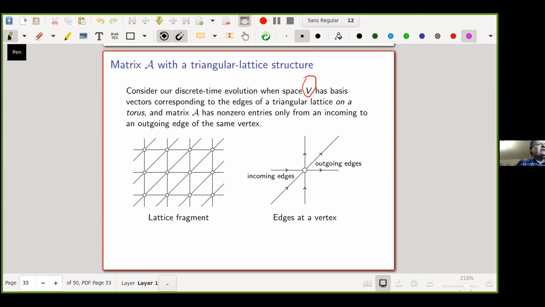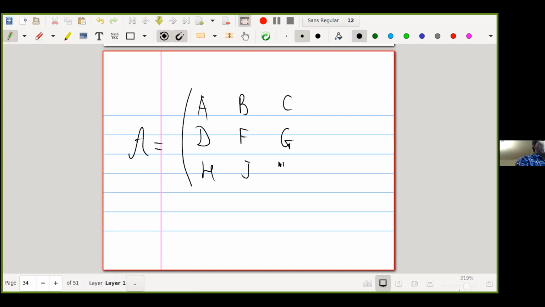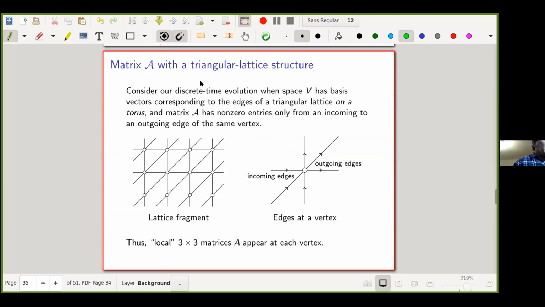Let me remind you that this A beautiful is a block matrix like this, and for instance, take this A plane capital and require that most of its matrix entries are 0, except for some special matrix.